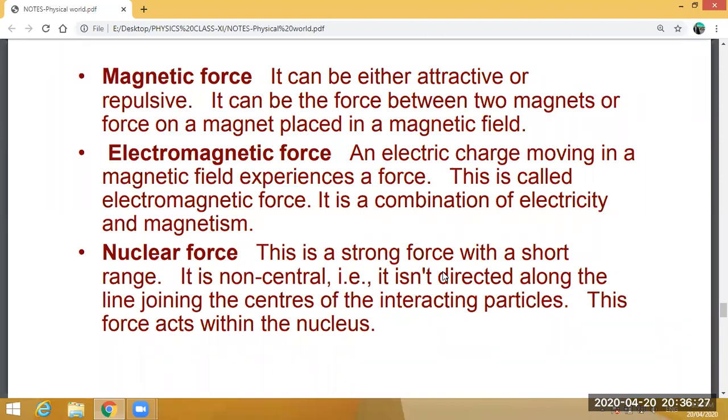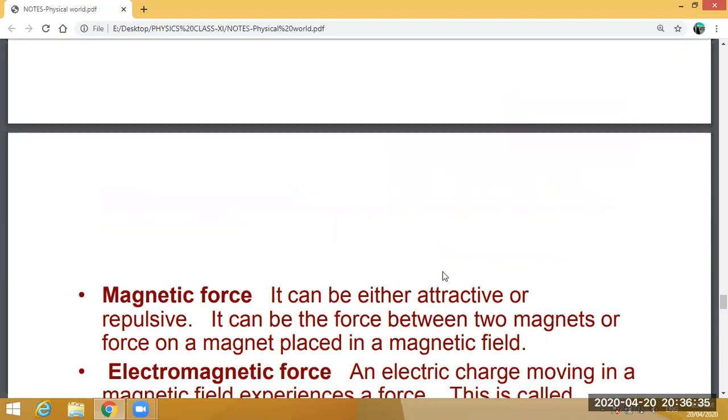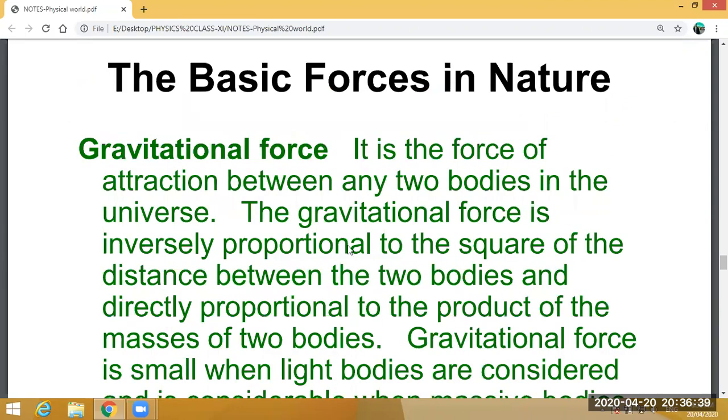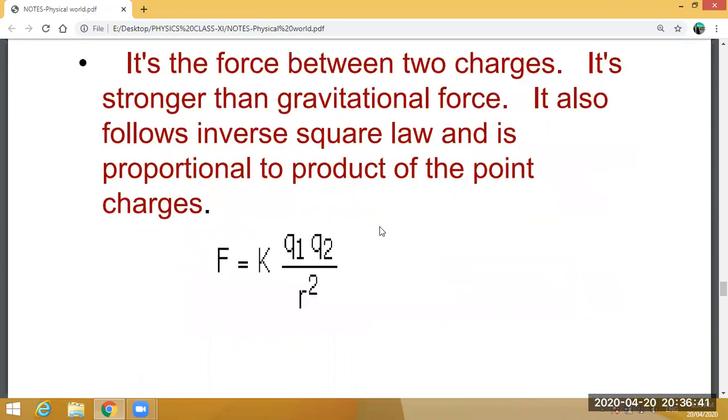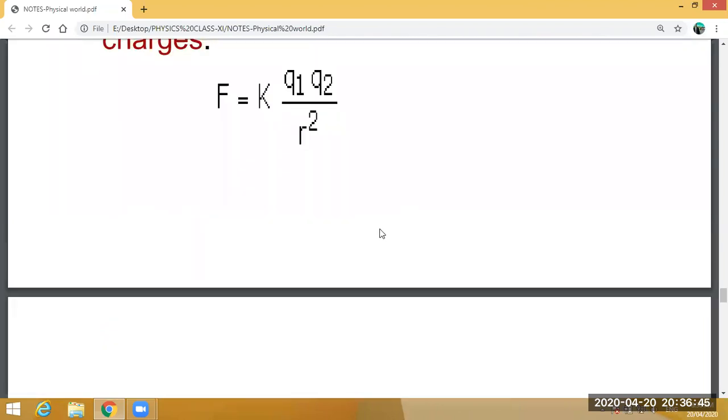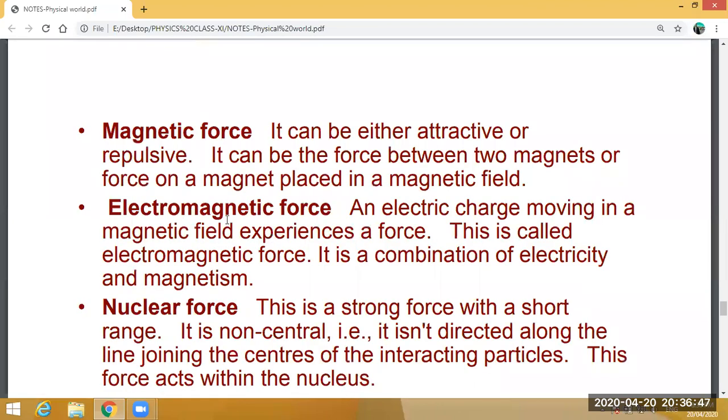Next, nuclear force. So remember, only three forces are fundamental. Although here you are studying more than three forces. One force here is gravitational, another is electrostatic force, and here magnetic force, electromagnetic. So only these forces can be treated as fundamental.